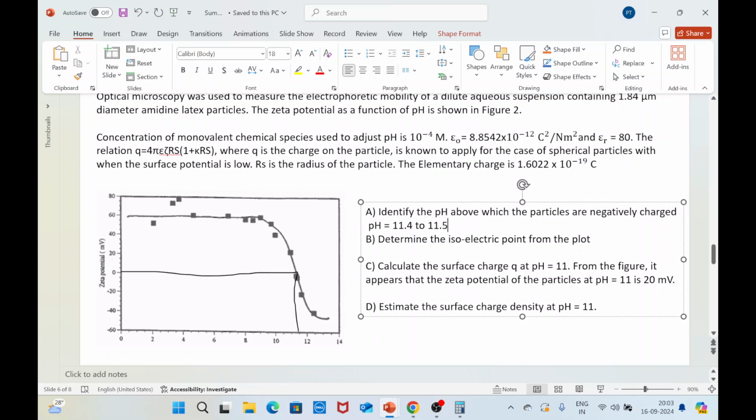That is, the point where your zeta potential is 0 is called an isoelectric point. So from here you can say that at a pH of 11 to 11.3, zeta potential is 0. So that is the isoelectric point.